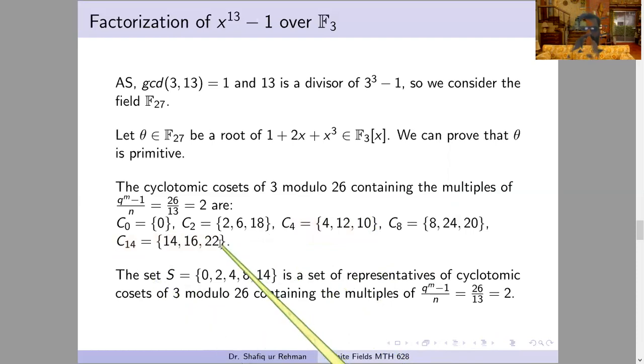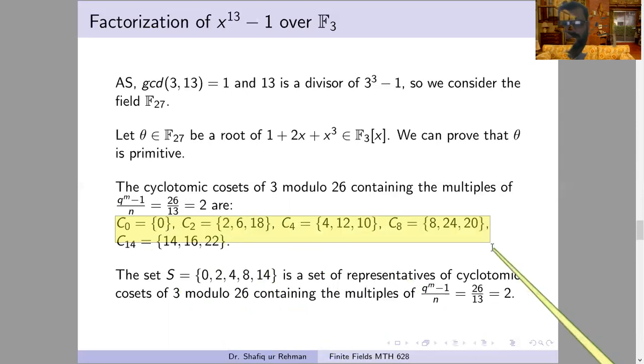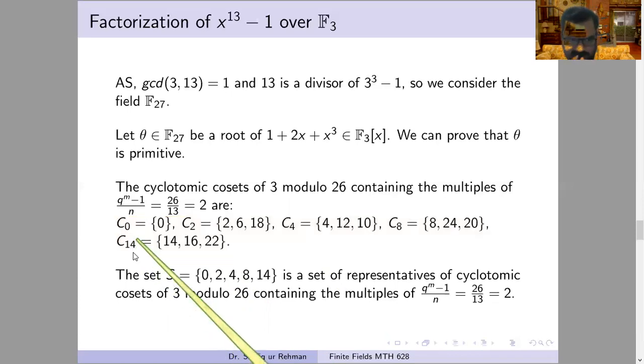That is, from all the cyclotomic cosets we choose only those whose indices are divisible by 2, those which contain multiples of 2.